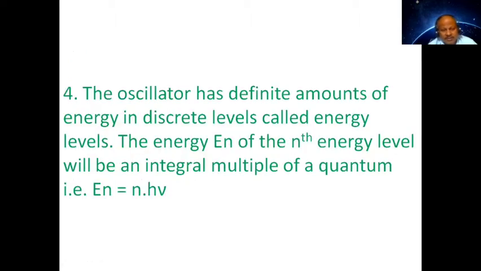The last statement is that the oscillator has definite amount of energy in discrete levels called energy levels. The energy En of the nth energy level will be an integral multiple of a quantum, that is En is equal to n into h mu.